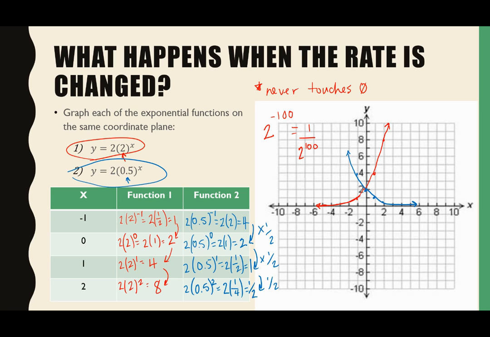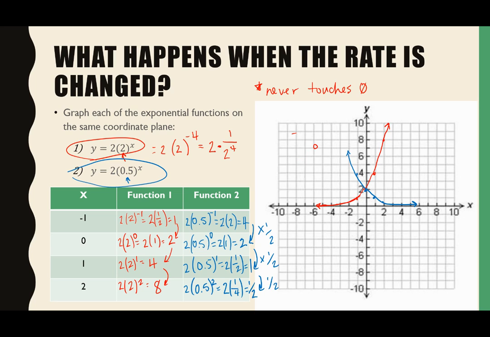So as I am raising 2 to negative numbers, so let's say it's 2 to the -4, my answer is going to be 2 times 1 over 2 to the 4th power. It's not going to be a negative answer.